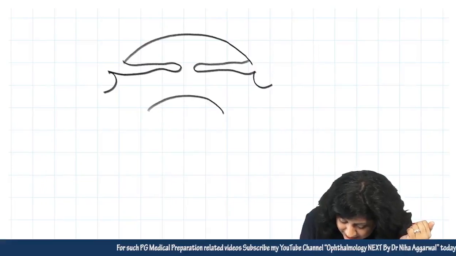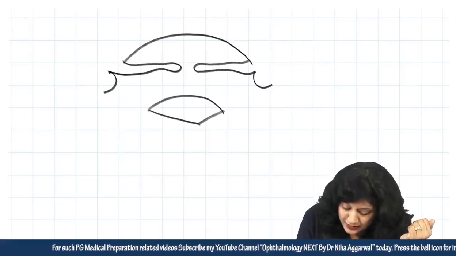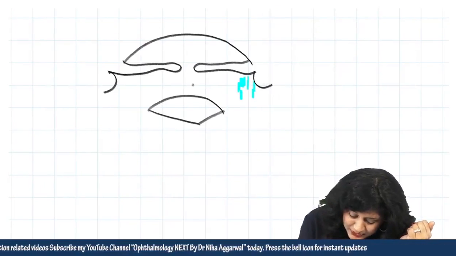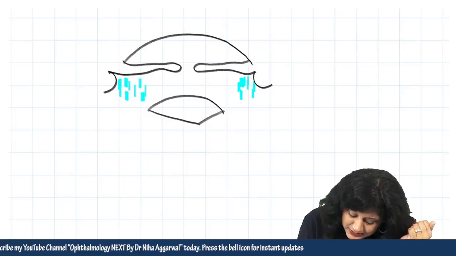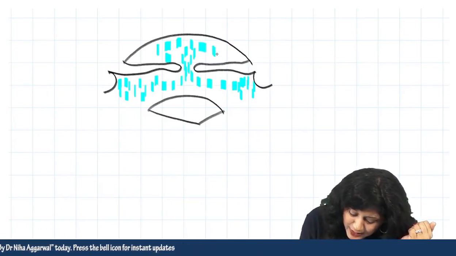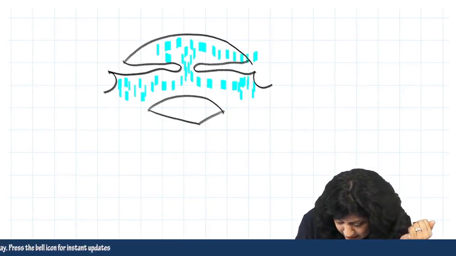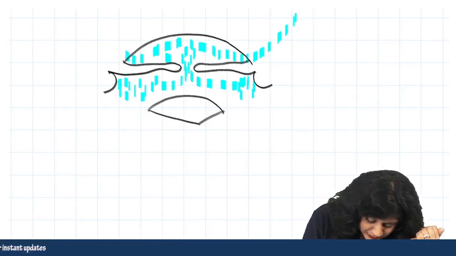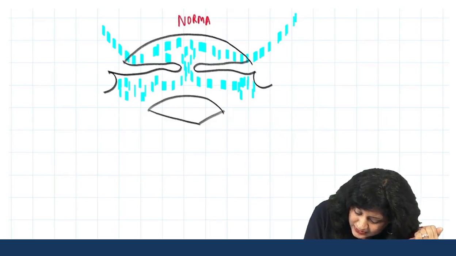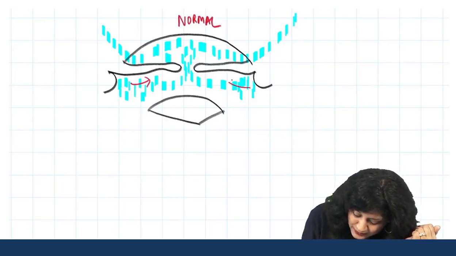The aqueous humor coming from the ciliary processes flows through the pupil into the anterior chamber. Then from the angle, it passes through the trabecular meshwork. This is normal.